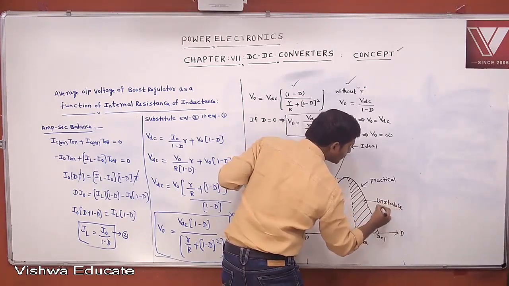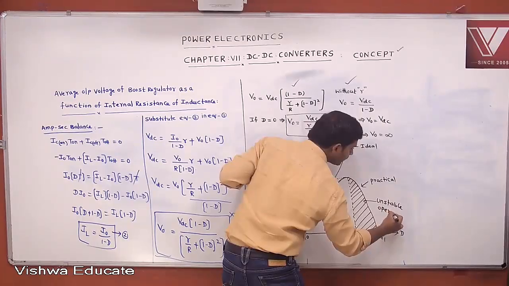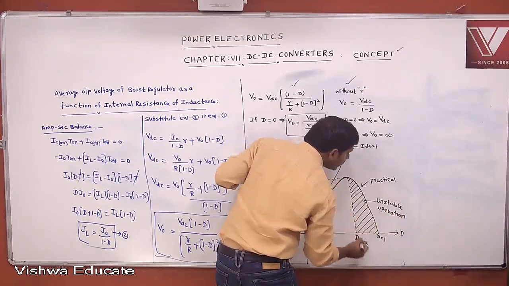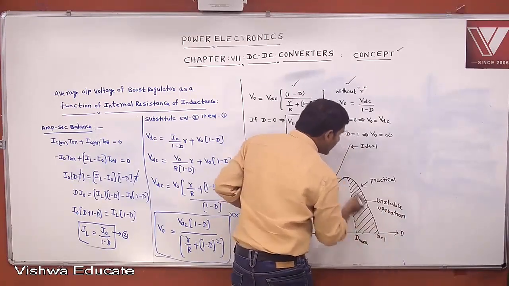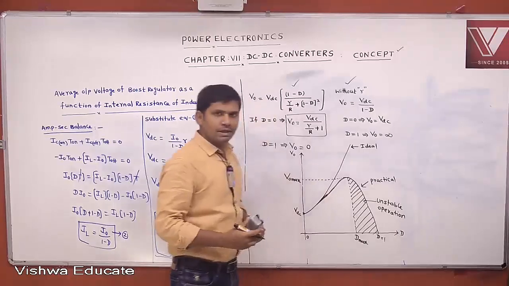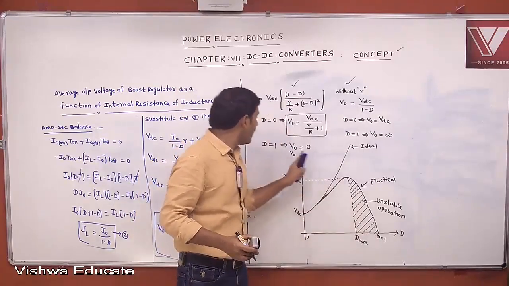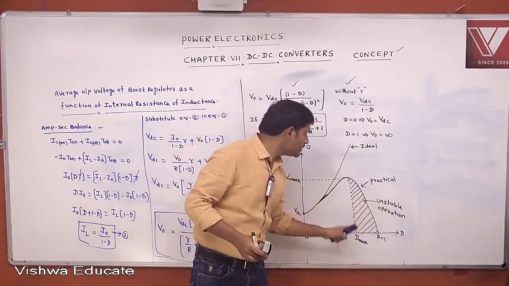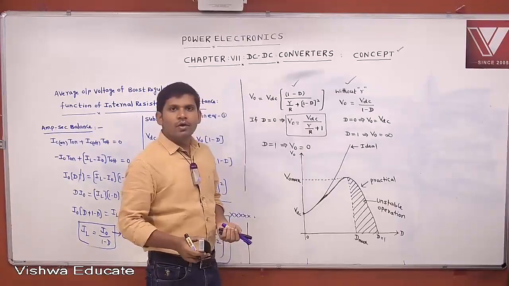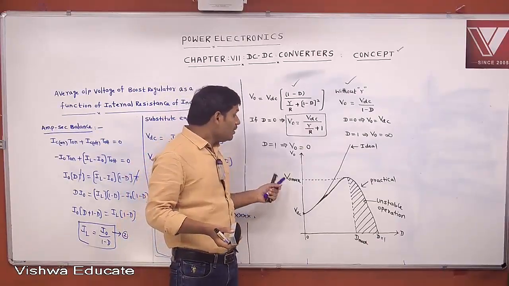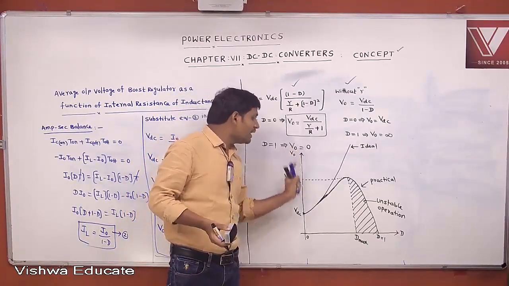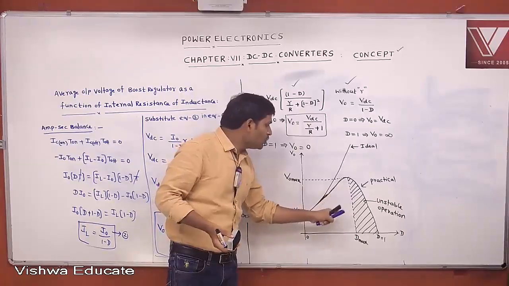If duty cycle is increasing, average output voltage is reducing. At D equal to 1, average output voltage equal to 0. This is unstable operation.